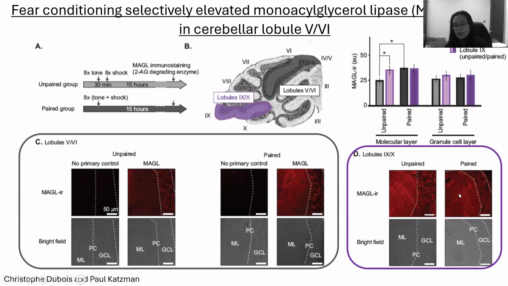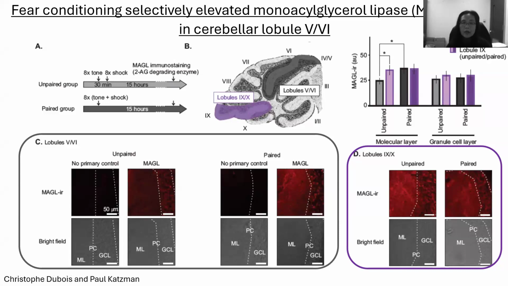The second thing is that when you compare unpaired control with fear conditioning, there is no difference. So it looks like fear conditioning selectively increases MAG lipase expression in lobules 5 and 6, and not in lobules 9 and 10.